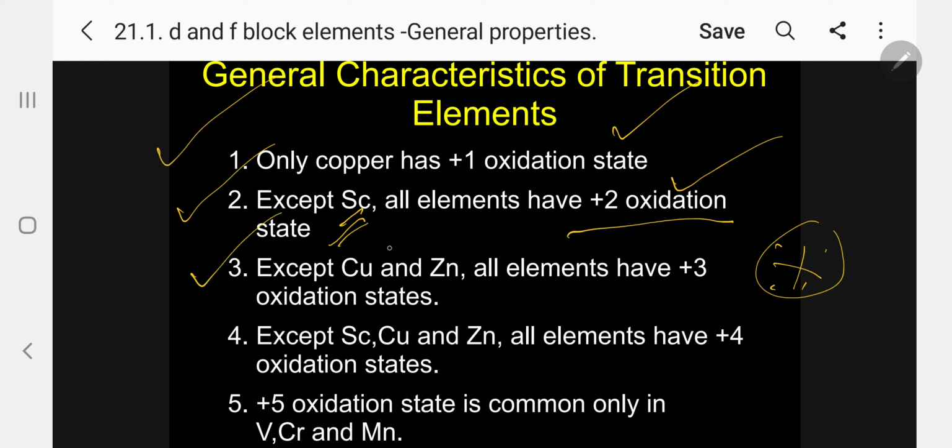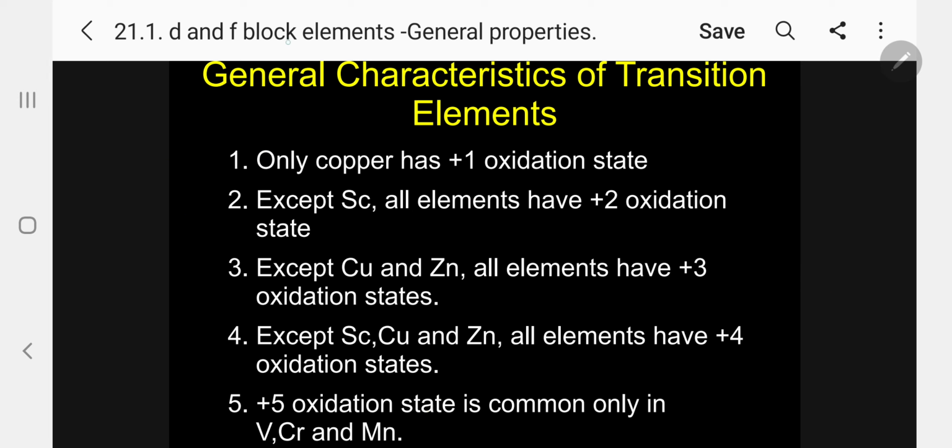Number 3, except copper and zinc, all elements have the +3 oxidation state. Except scandium, copper and zinc, all the elements have the +4 oxidation state. The +5 oxidation state is common only in vanadium, chromium and manganese.